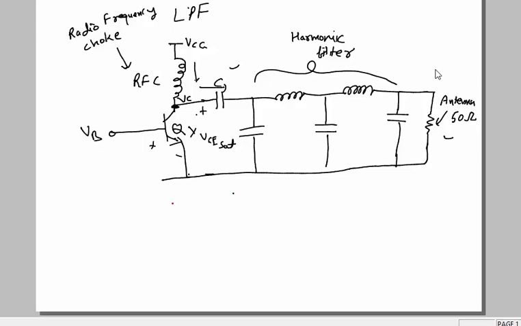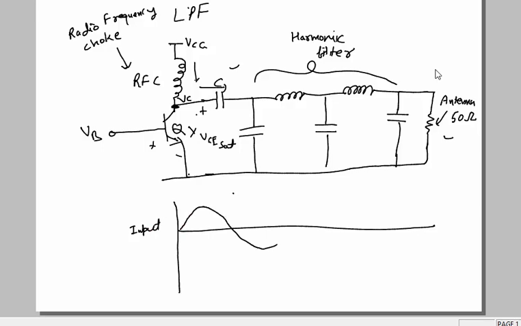So if I make the circuit diagram for this, just see how we'll make it. Let's say this is the input, and here we are seeing the output at the collector.